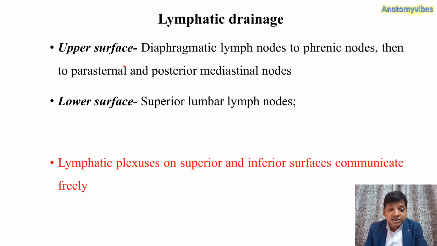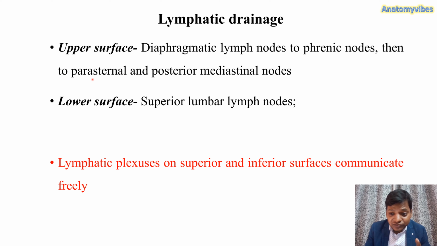This parasternal group of lymph node is very important, because in relation to the mammary gland you must have studied that from both sides, medial side of the mammary gland, lymphatic drainage goes to the parasternal group of lymph node, and diaphragmatic lymphatic drainage is also going to the parasternal group of lymph node.